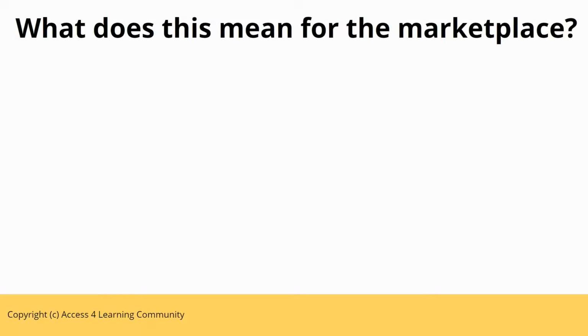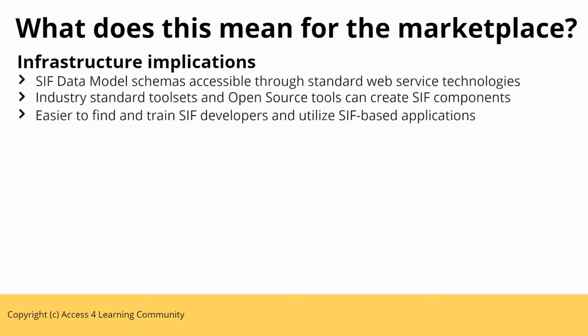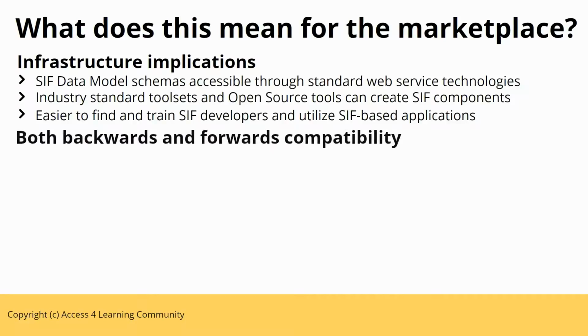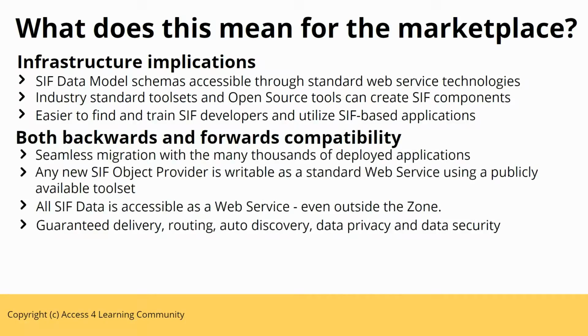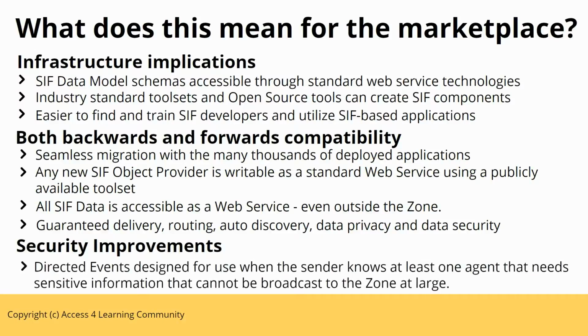So what does the SIF 2.5 release mean for adopters? As we have discussed, making the SIF data available to web service applications allows easier integration of SIF components into the computing environment and makes it easier to find and train SIF developers. The strategy for incorporating web service technology into the SIF infrastructure has been to embrace, not replace.